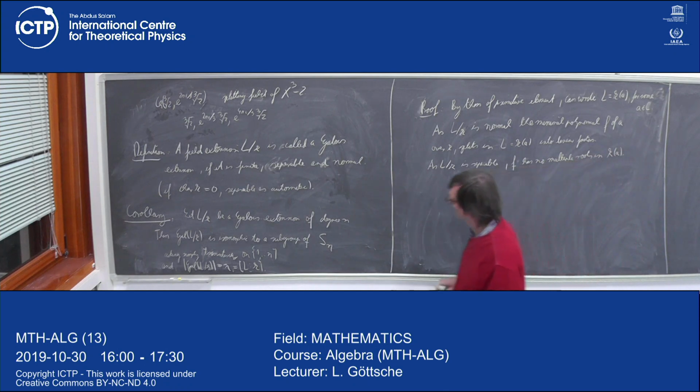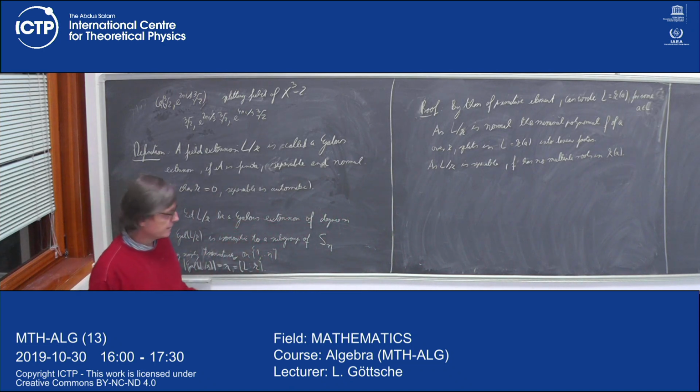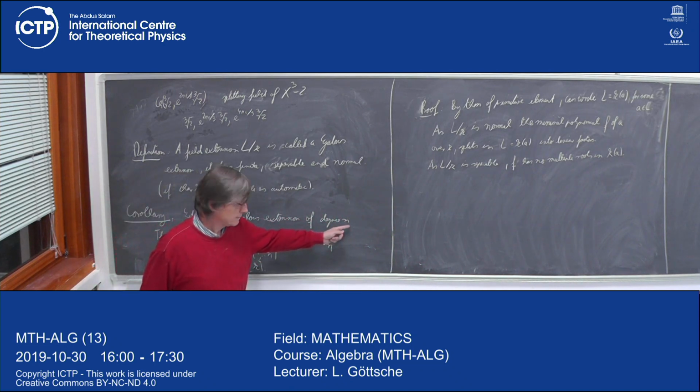So that means the set of zeros of f, of this minimal polynomial, has precisely n elements.